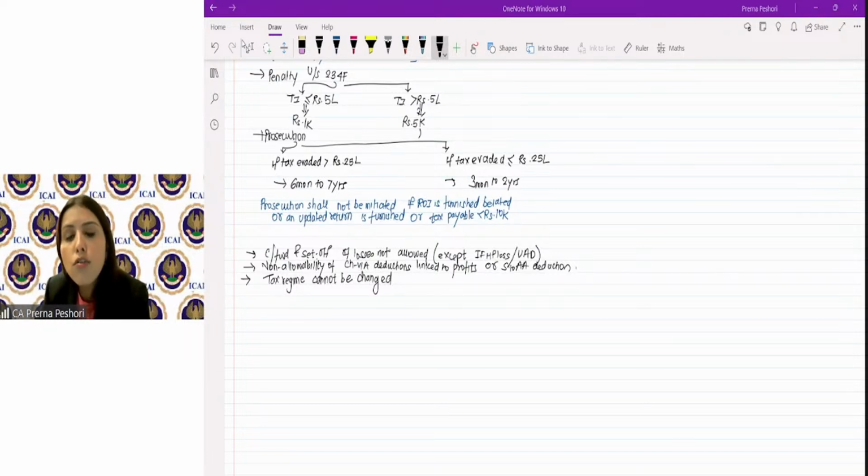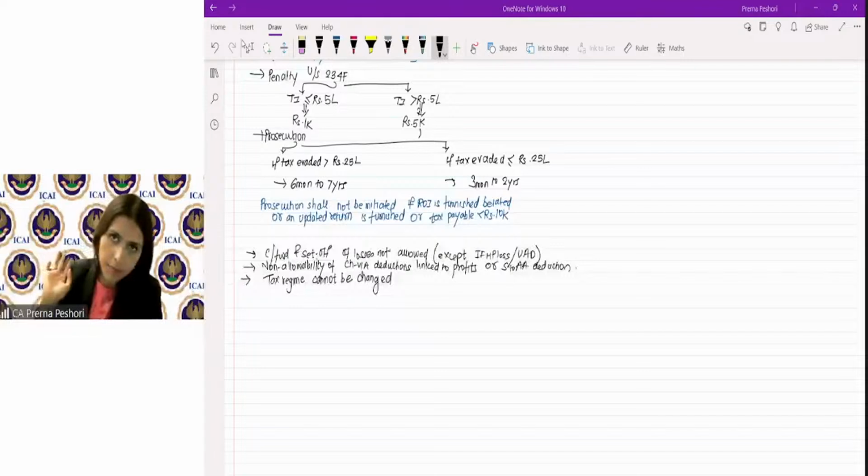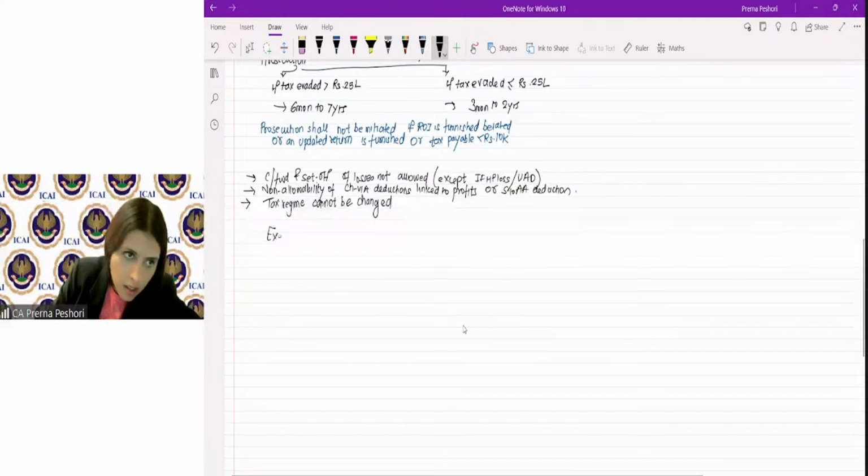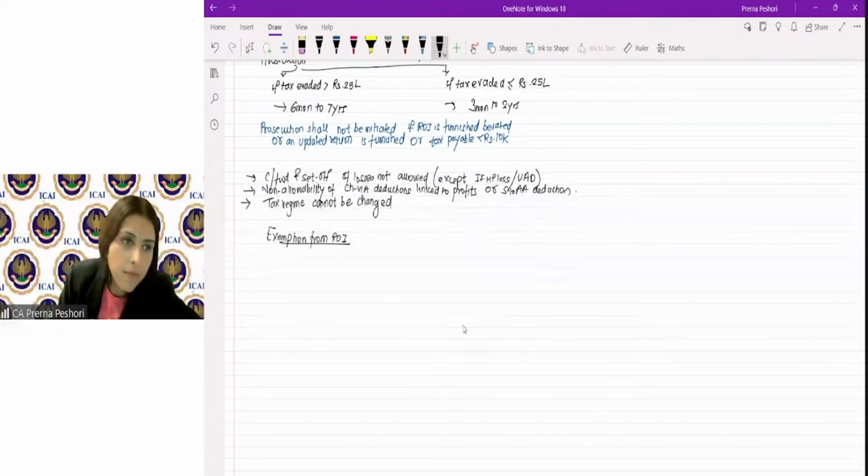They are also not required to furnish the return of income. So just write down: exemption from return of income.